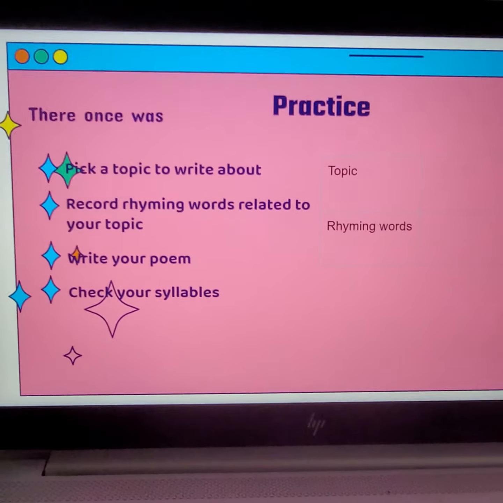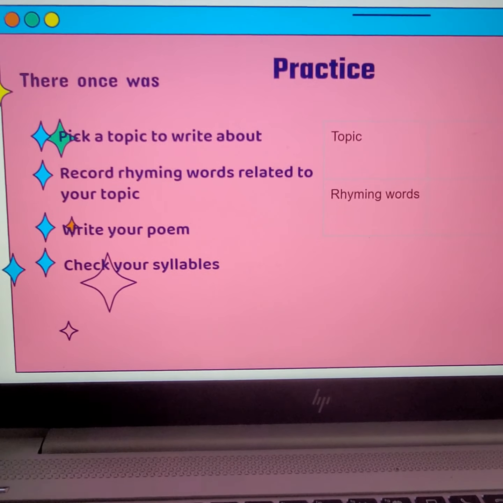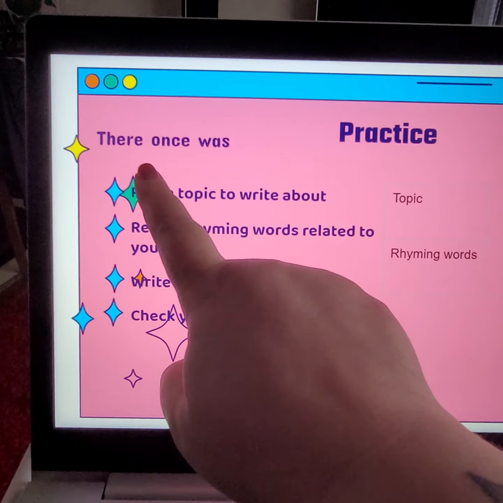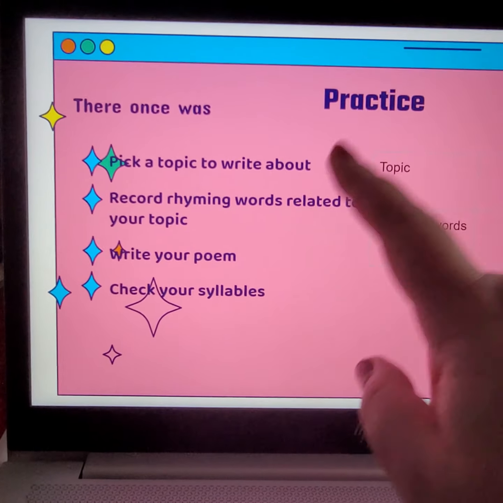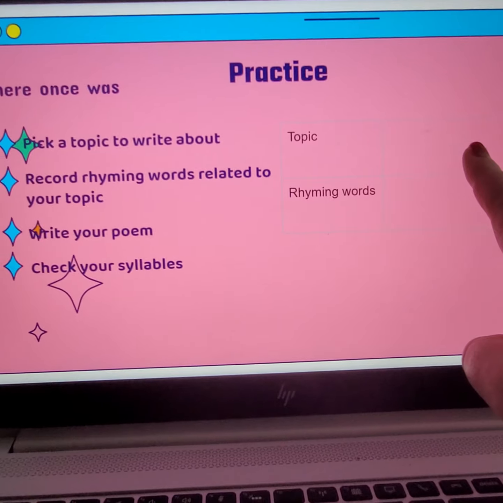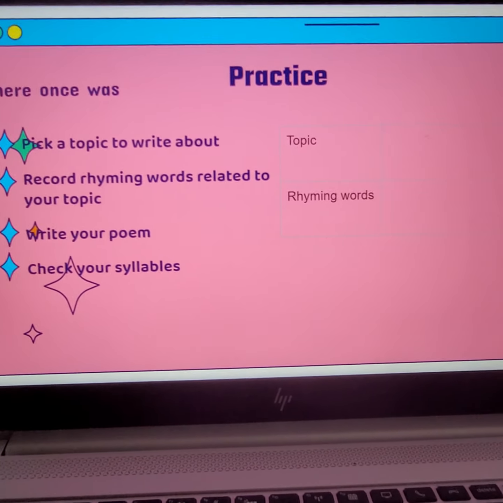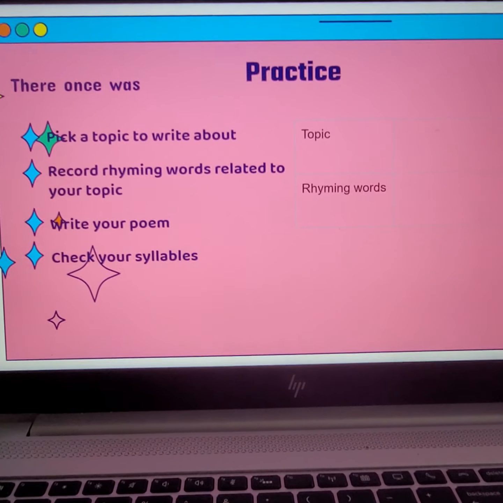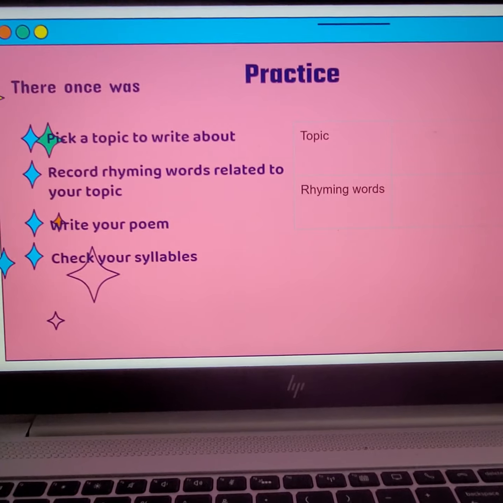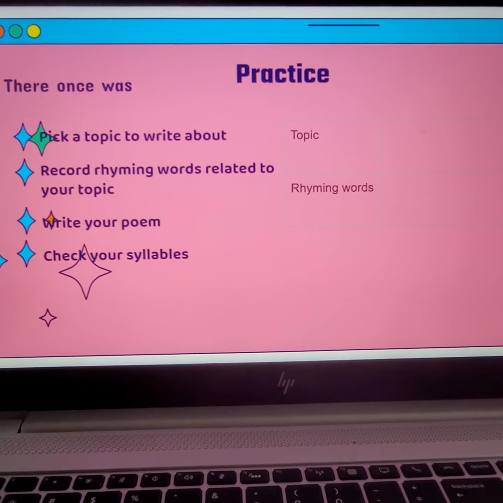For this poem that you're going to write today, I've put out this practice page. So at the top here, I've got there once was, and then you can fill that part out. So you need to pick a topic, which you can fill in right over here, and write down some rhyming words. So for example, if your topic was hoops, you could think of all different words that rhymed with hoops, like loops and dupes and scoops.